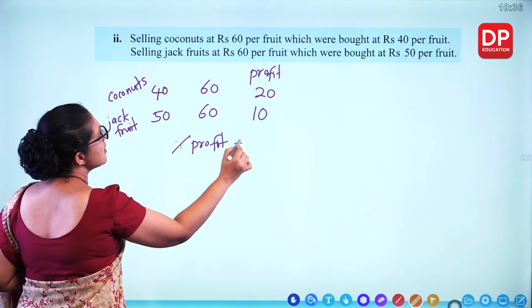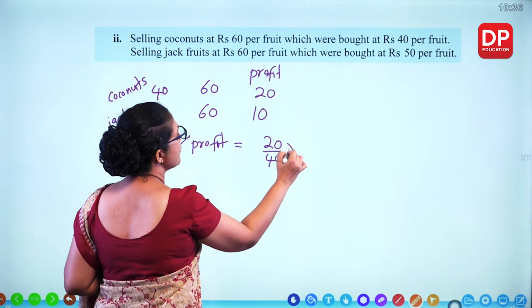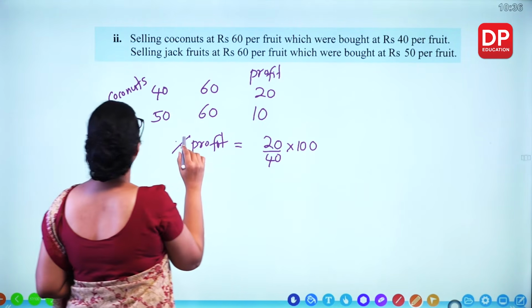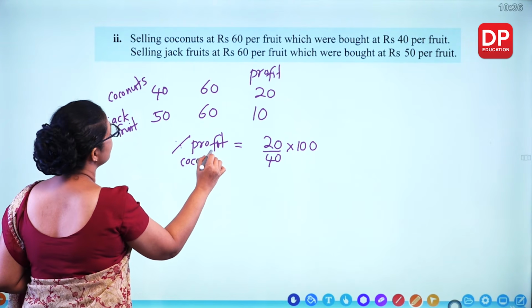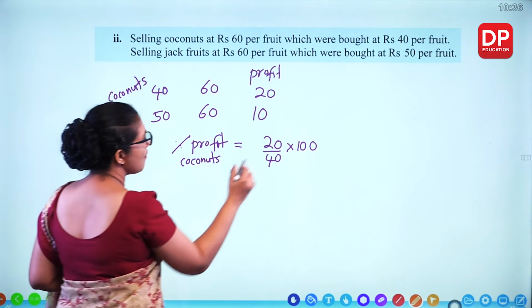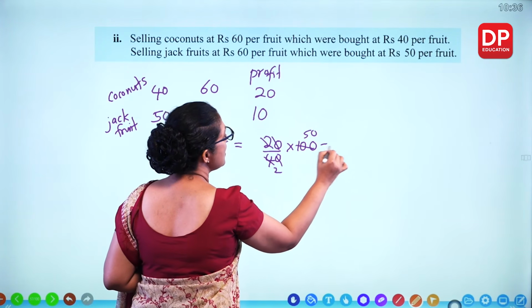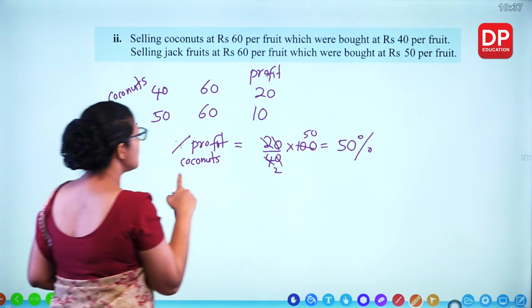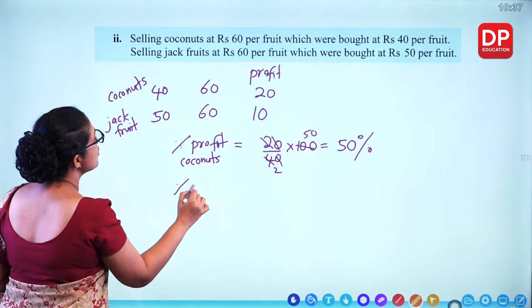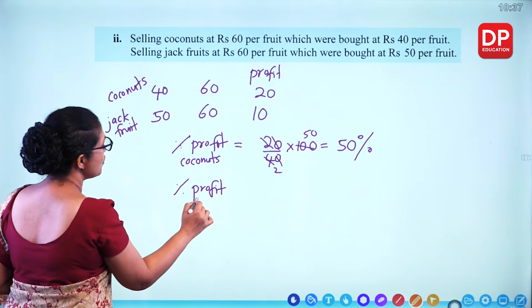Percentage profit, 20 out of 40 into 100 for coconuts. So 50%. This one, percentage profit for jackfruit.